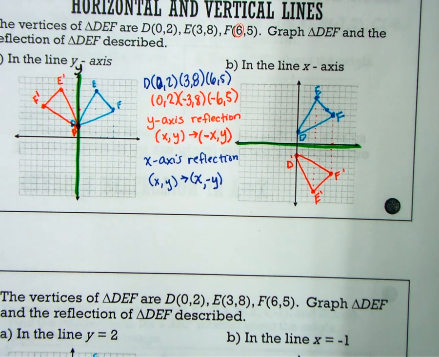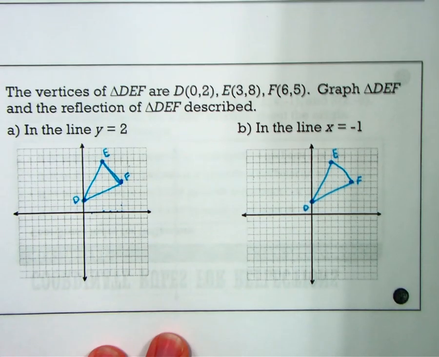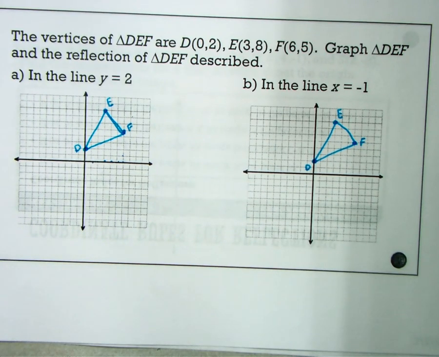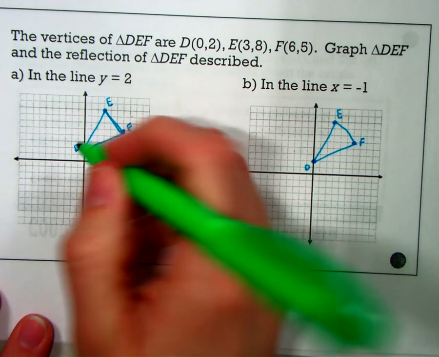Okay. The next one, though, this is the one you're actually going to have to draw the original shape and the new shape. Okay, so these two down here, you already have the picture of the triangles drawn on there, right? The question is, do you remember what the line y equals 2 looks like? Okay, where is y equals 2?